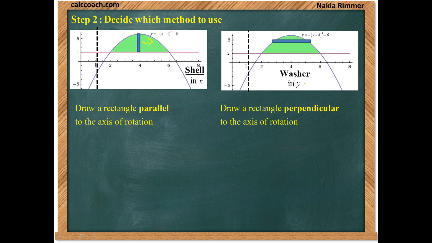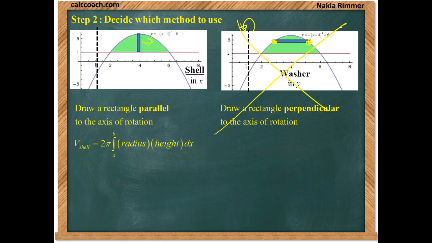But there's an issue with this washer that we can automatically rule that method out. With this being the axis of rotation, if I find the outer and the inner radius, both would have the parabola as the bounds, so it's not going to work to try washer. So let's focus on shell.